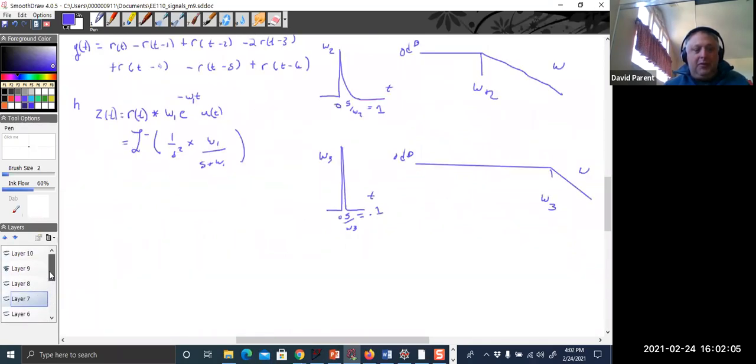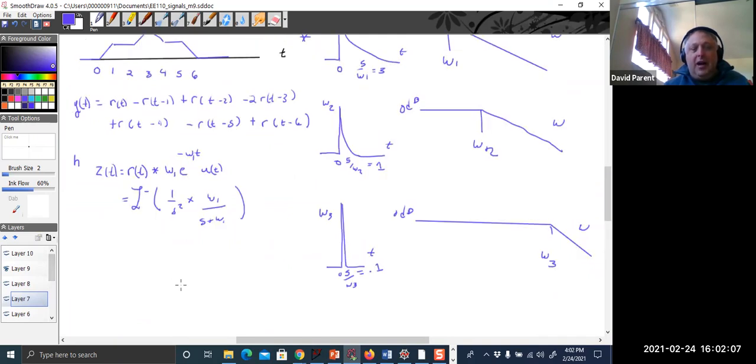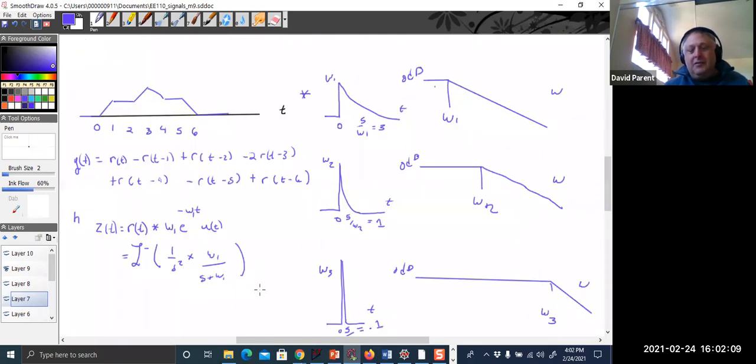So we should be able to do an eyeball convolution of this. All right. So here's a shape. That's the mathematical description. And it's 1, 2, 3, 4, 5, 6. All right. And now here is the impulse response of a low pass filter. And here's its Bode plot, right?